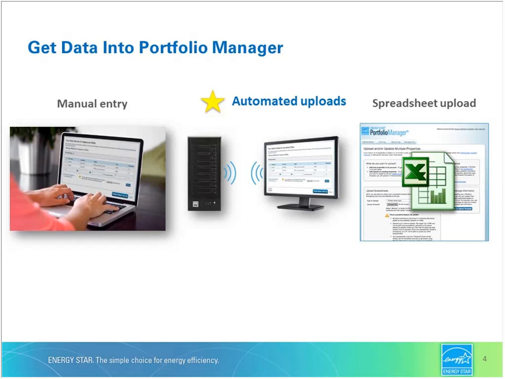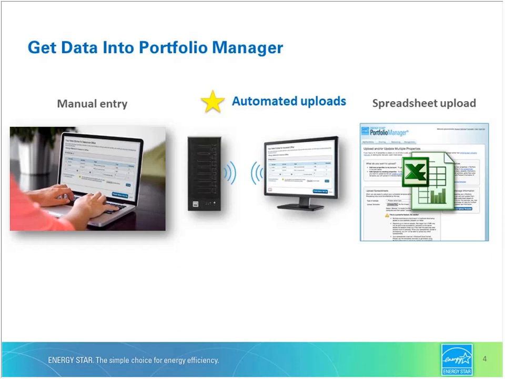As you can see here, of the three options, the most basic way to get benchmarking data into Portfolio Manager for one or more properties is to enter data manually. And this is sitting in front of the Portfolio Manager web interface, logging into your account and entering buildings, one at a time. That's screen by screen, field by field.